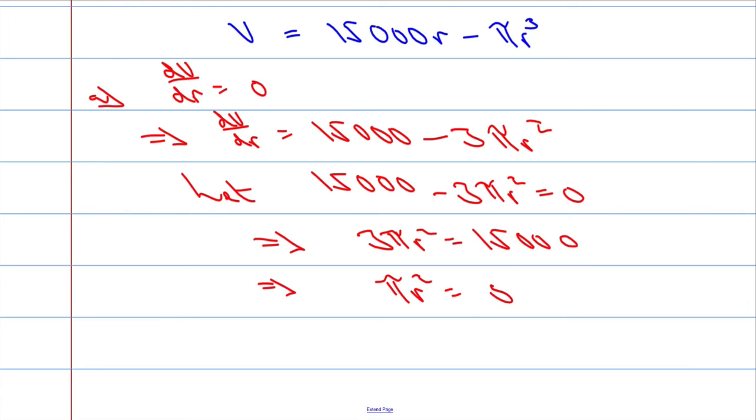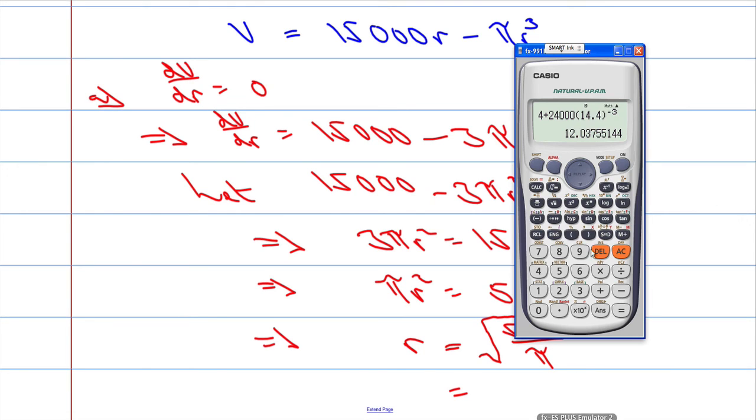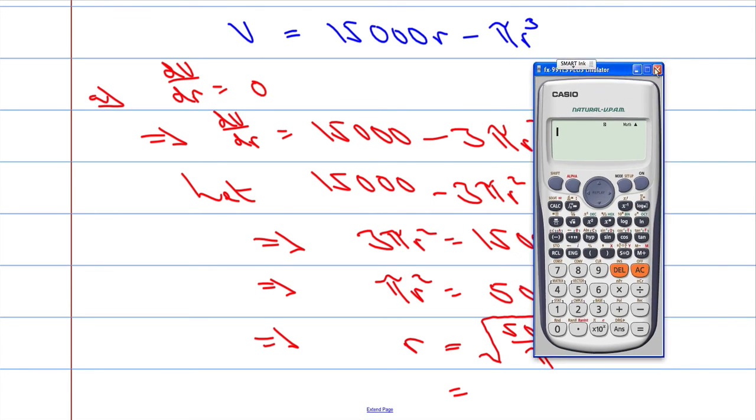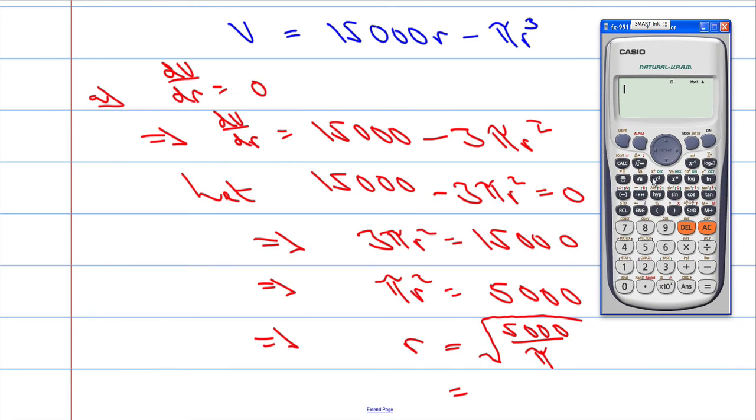r squared equals 5,000. In fact, let's divide by pi as well, and take the square root. So r is actually going to equal the square root of 5,000 over pi. So let's take out the calculator. So we're taking the square root of 5,000 over pi.